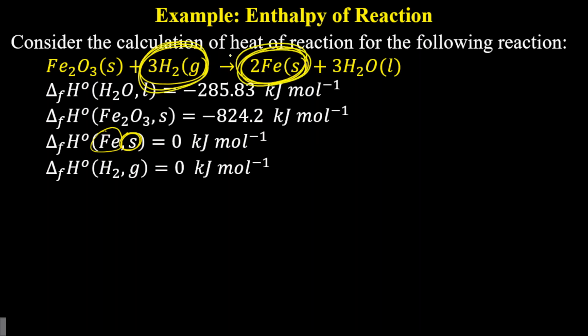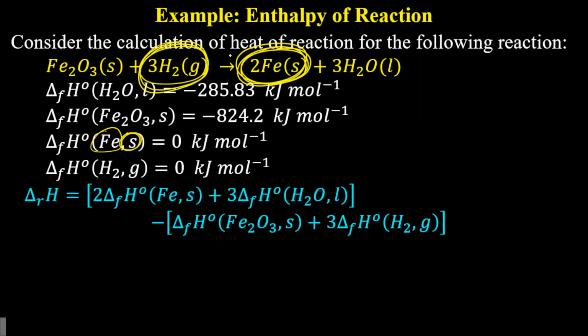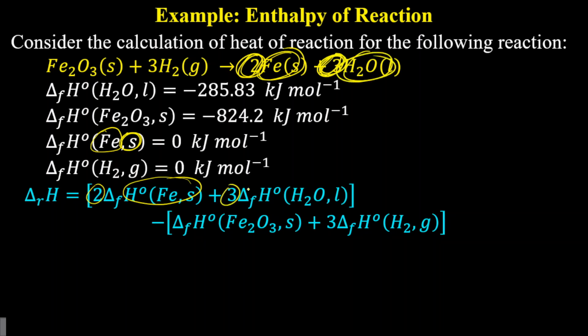So to calculate the enthalpy of this particular reaction, it will be the sum of enthalpies of products minus the sum of enthalpies of reactants. We will use that formula. We add the enthalpies of formation of the products: 2 times the enthalpy of formation of iron, which obviously is 0, then 3 times the enthalpy of formation of water.